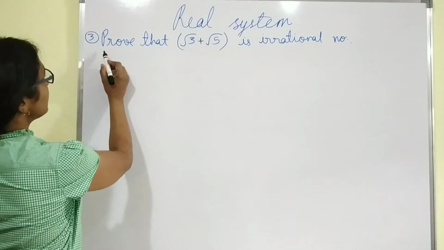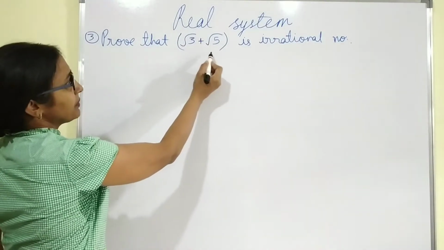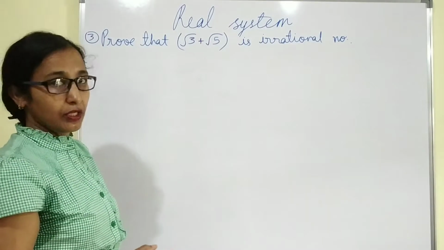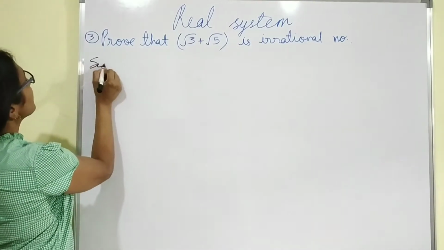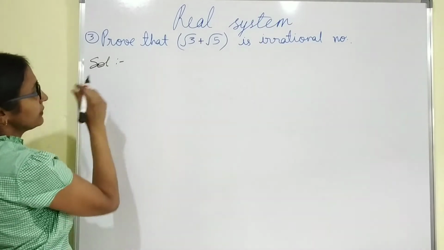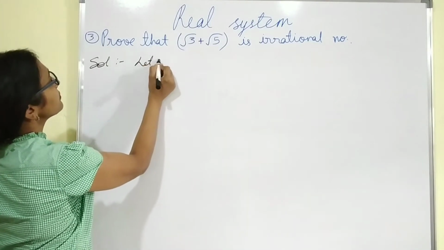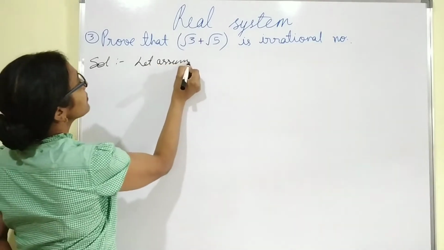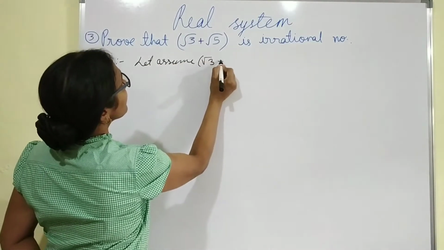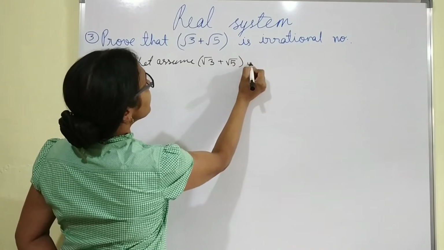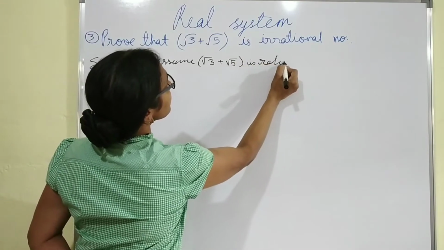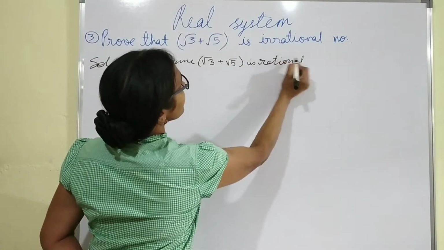Now next is prove that root 3 plus root 5 is an irrational number. So solution, let us assume root 3 plus root 5 is a rational number.